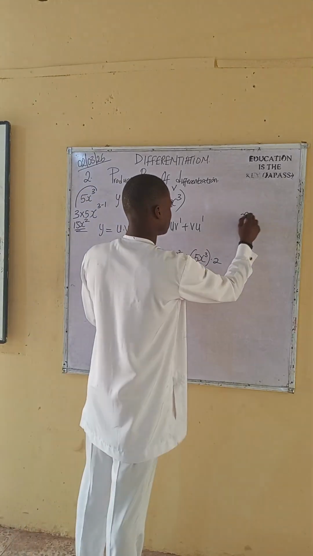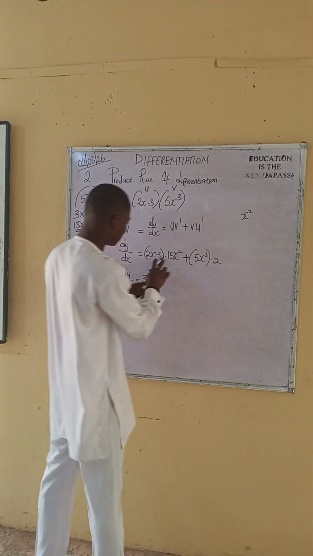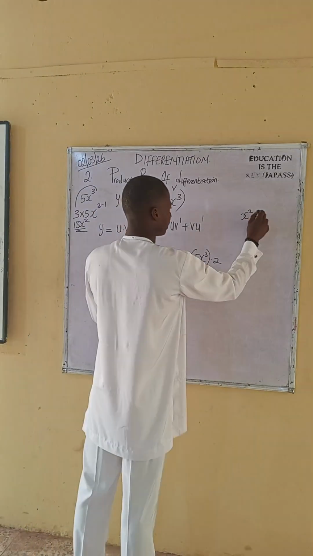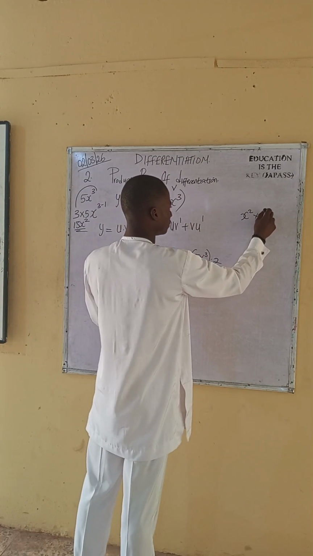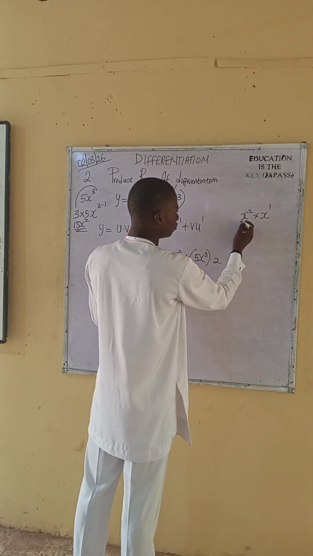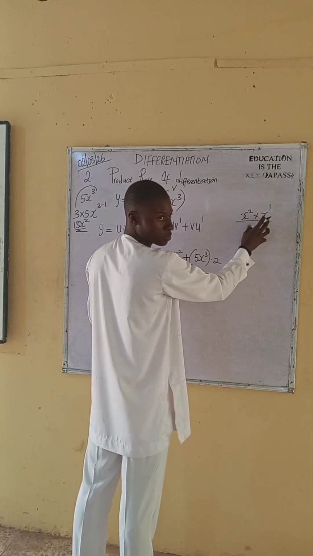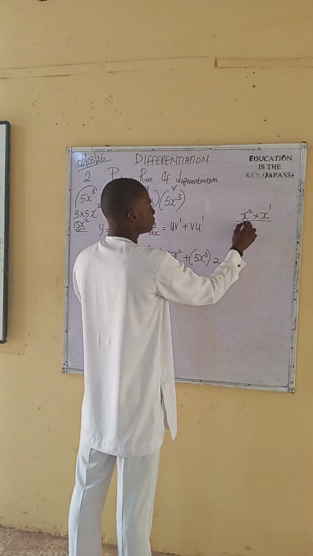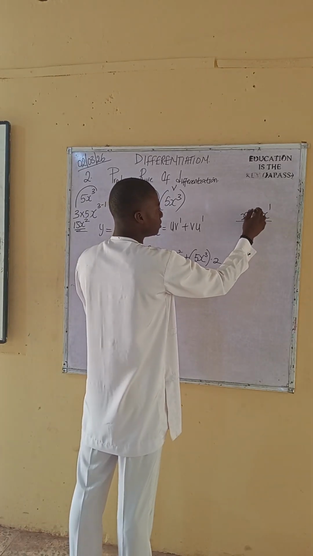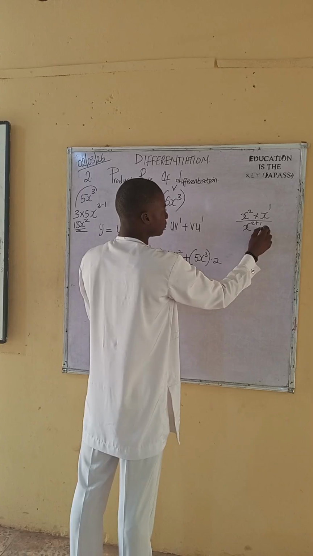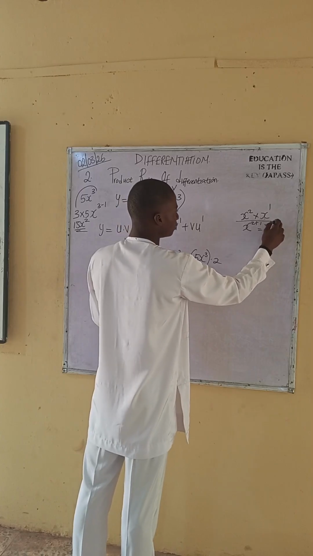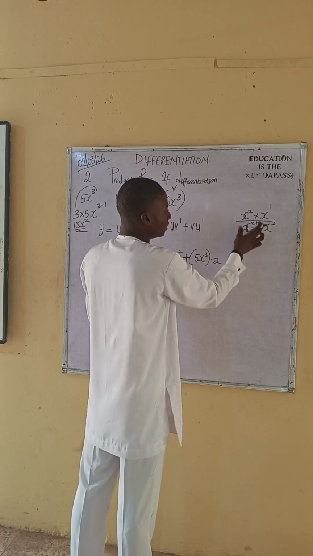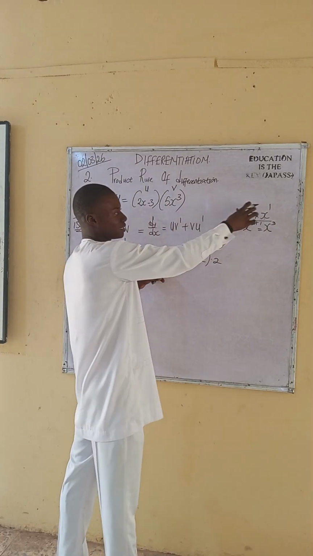So x squared times x, where x on its own has the power of 1. This is multiplication of indices, and they have the same base, so take the base and add the power. So 2 plus 1 is 3, so this will now be x raised to the power 3. If they are the same base, then add the power.